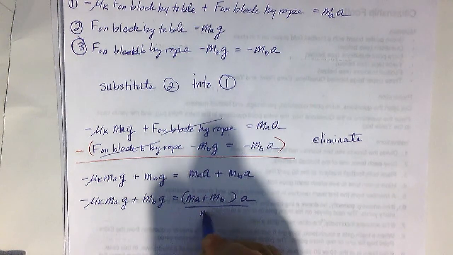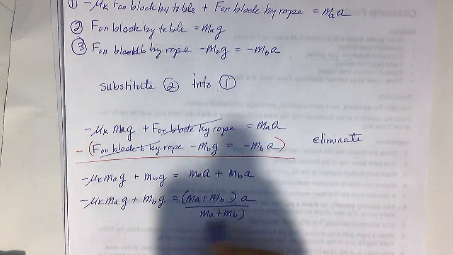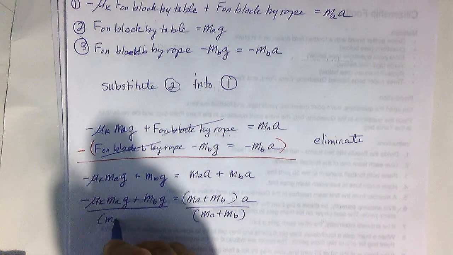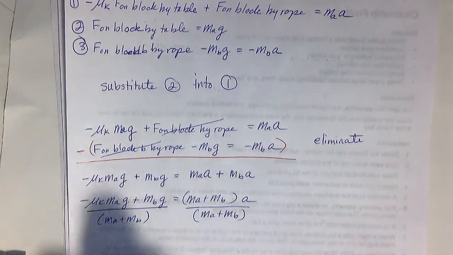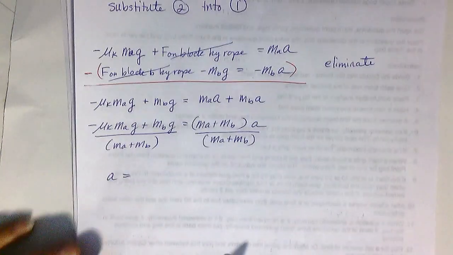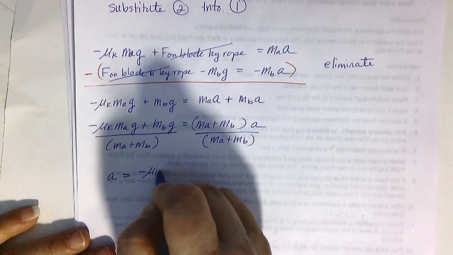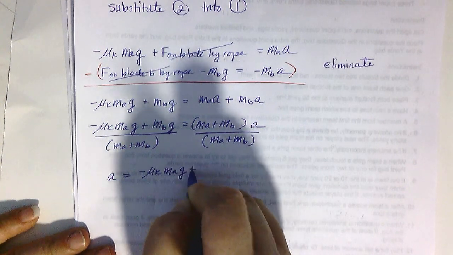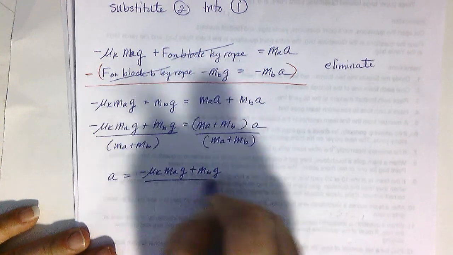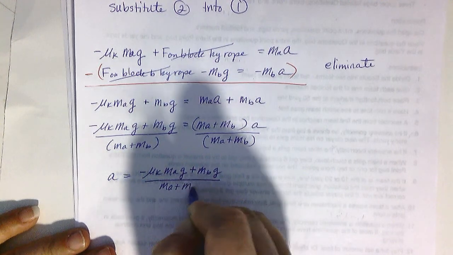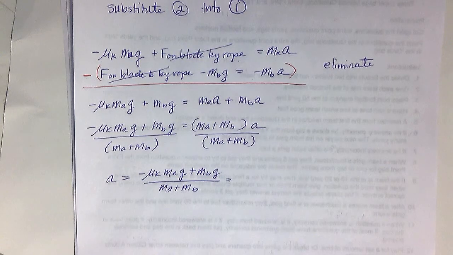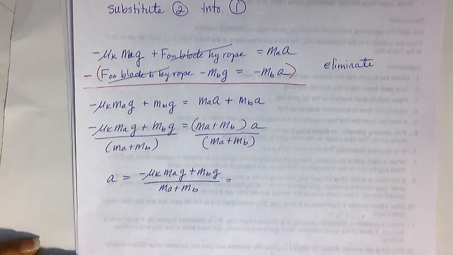I'm going to divide both sides by the mass of both blocks. And the acceleration is going to be equal to minus mu sub k m sub a g plus m sub b g all over m sub a plus m sub b. To simplify this even more, I'm going to substitute in that m sub a is 1/5 of m sub b.